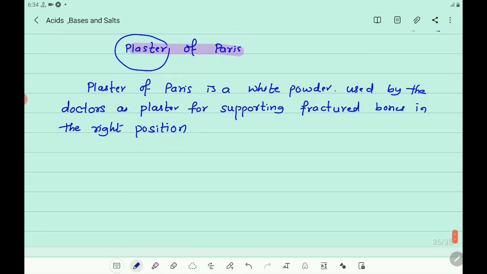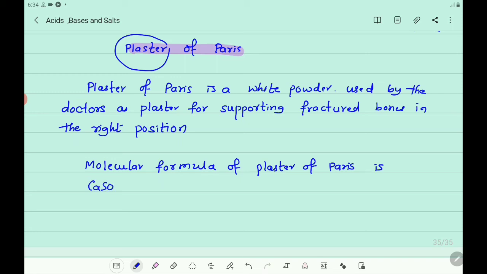And what is the molecular formula of plaster of Paris? The molecular formula of plaster of Paris is CaSO4 half H2O.